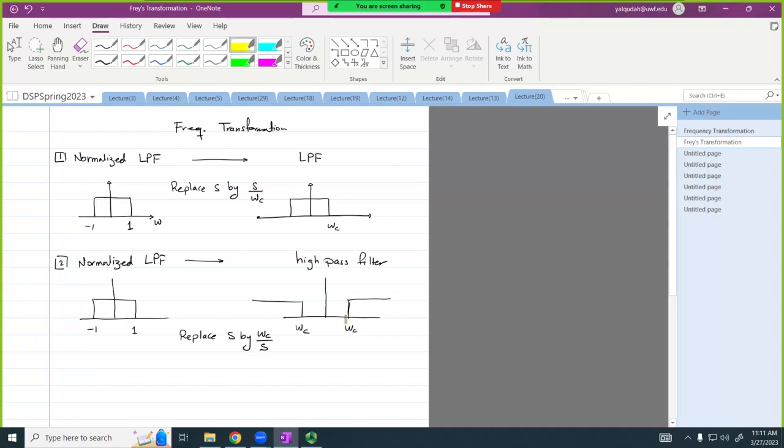When I plug in for S a value of omega that is less than omega C, then omega C over S is going to be greater than 1, which corresponds to this region. And the same thing, when omega is greater than omega C, then this is going to be less than 1, which is going to correspond to this region here.